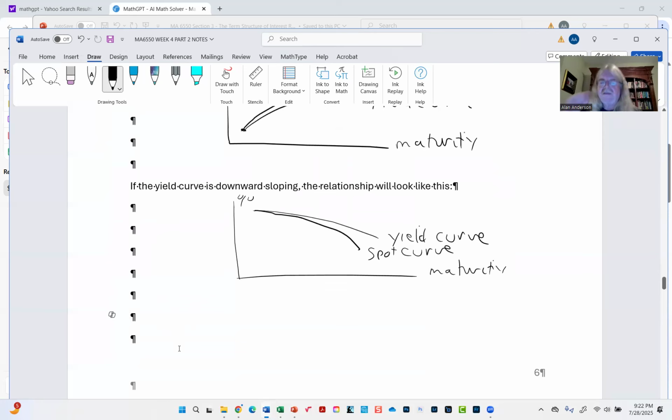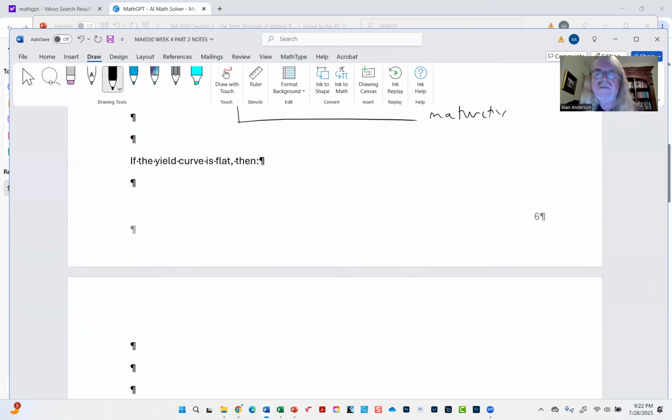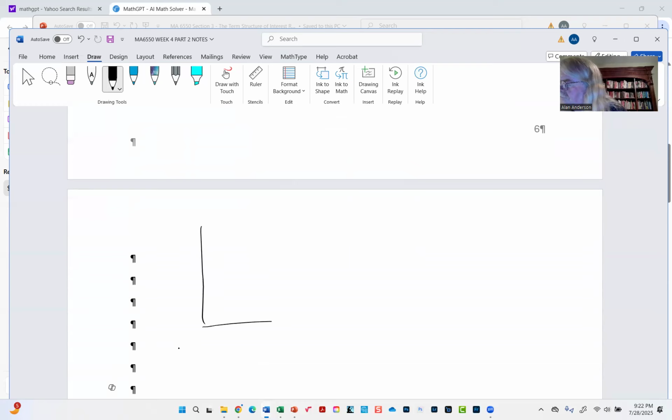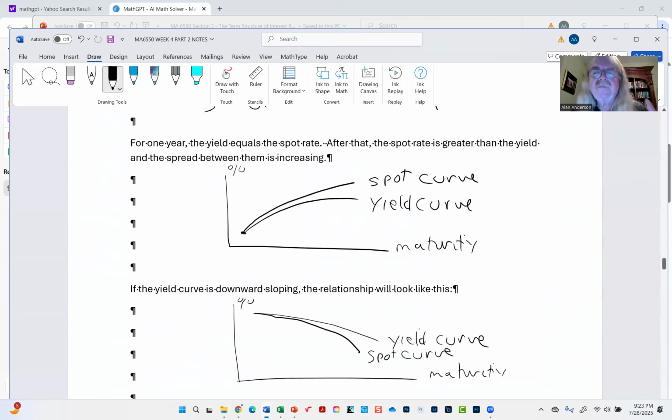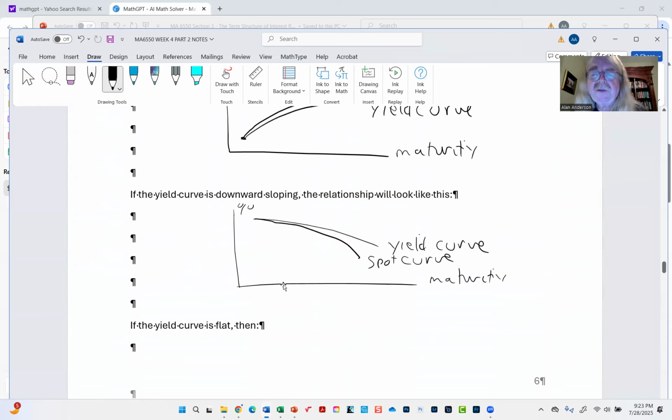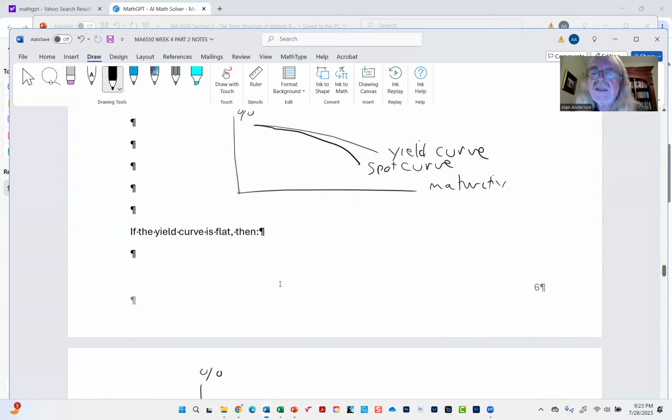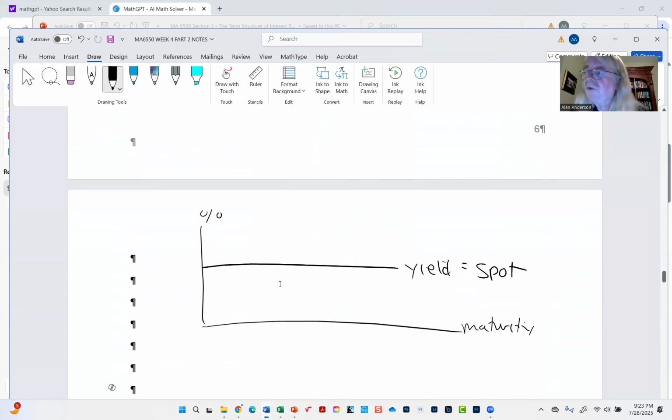And then if the yield curve is flat, then you'll get this. They're both the same. So when the yield curve is sloping up, so is the spot curve, but the spot curve is always above. If the yield curve is falling, the spot curve is everywhere below it. And when the yield curve is flat, the two are equal to each other.